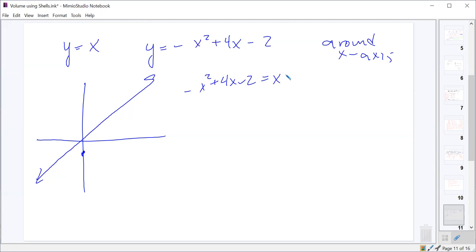We'll figure out where they intersect. That'll help us out. So we'll end up with x squared minus 3x, we bring these over, plus 2. And that would be x minus 2 and x minus 1. So those should intersect at x equals 1 and x equals 2.